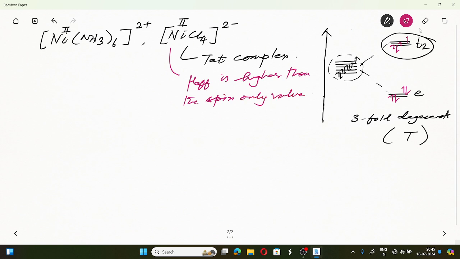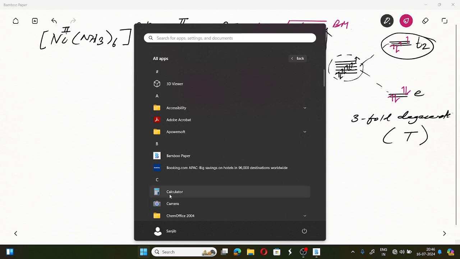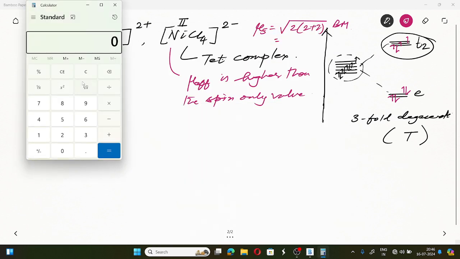See, what is the spin only value? There are 2 unpaired electrons. So the spin only value should be what? 2 unpaired electrons means mu s equals root of 2 into 2 plus 2 Bohr magneton, isn't it? So that is root 8. What is root 8 exactly? Let us check quickly.